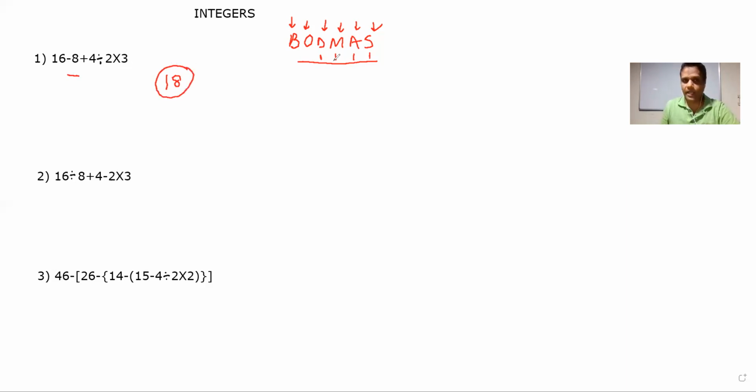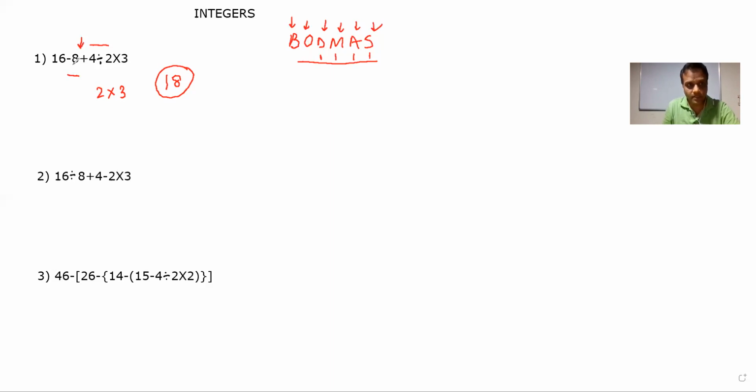Now, let's apply BODMAS, which means since there are no brackets, I'm going straight to division. The first thing I'm going to do is find where is the division. So 4 divided by 2 is the first thing we are going to do. 4 divided by 2 is what? 2. Then multiplication. So I'm going to multiply this with 3, right? 2 3s are 6. Then I'm going to do addition. So where is the addition? Here is the addition.